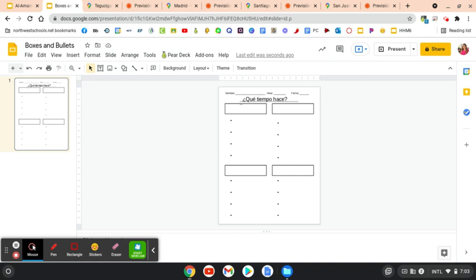You're going to be writing as much information as you possibly can that you hear about that particular place. So really pay attention to where that place is located, like if it's hot, if it's cold, if it's sunny, cloudy, whatever. Okay. So really pay attention and try your absolute best to write that down in Spanish the best that you can. Okay.